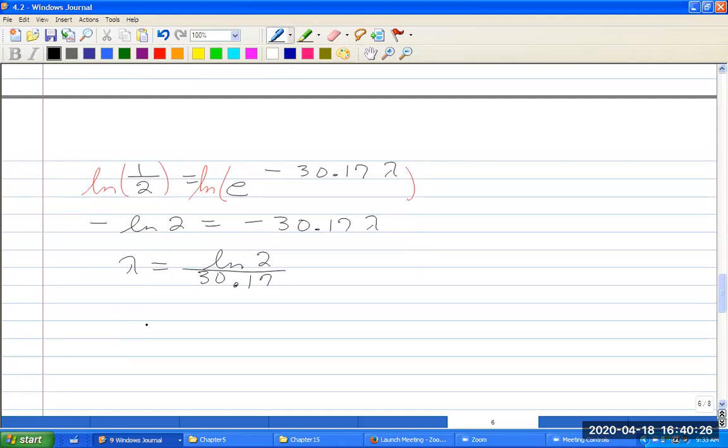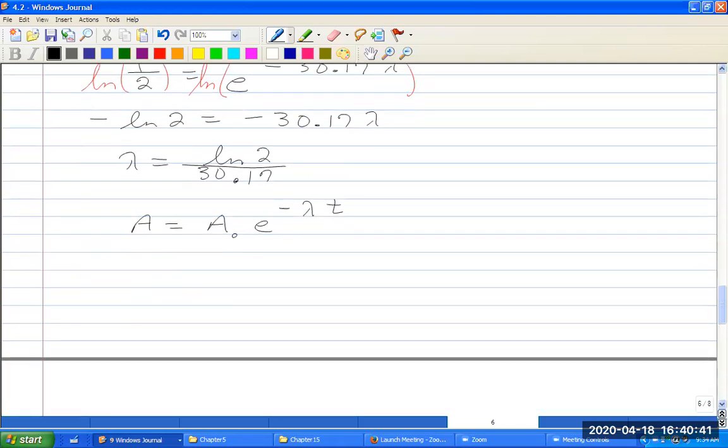I have that A = A_0 e^(-λt). So the amount A is equal to the original amount, 1,000 kilograms, times e to the minus λ. Well, we figured out λ. λ is ln 2 over 30.17. And t was, well, 100 years. And so that's your answer.